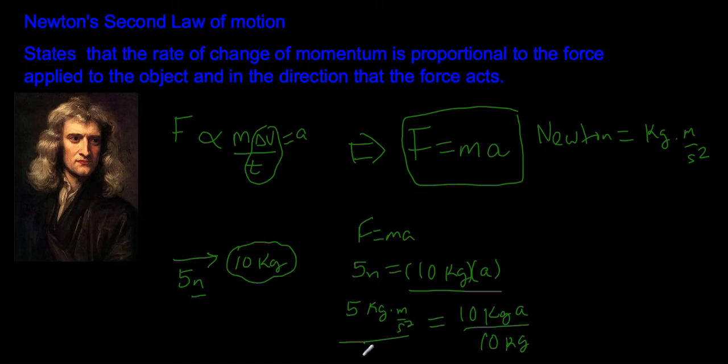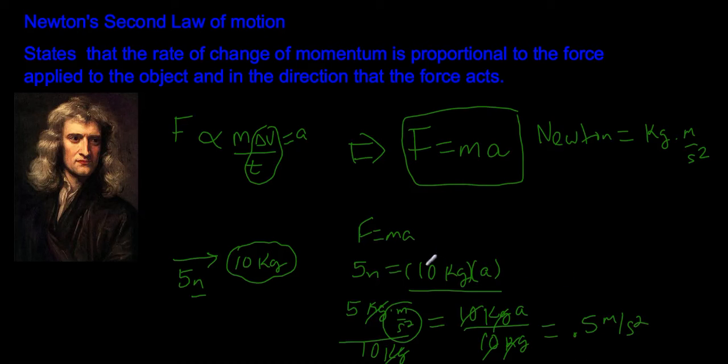This makes it very easy to see what happens to our units. Kilograms cancel off, and I'm left with meters per second squared. So A is equal to 5 divided by 10, or 0.5 meters per second squared.